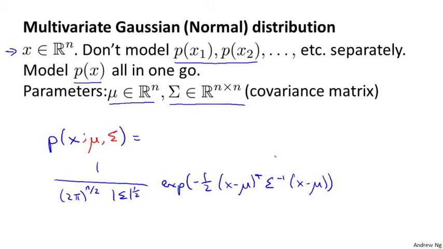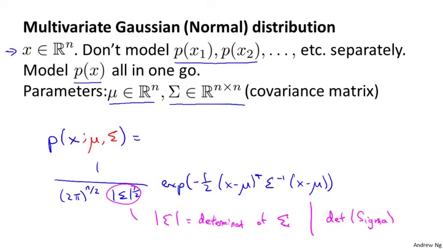And this thing here, the absolute value of sigma, when I write this symbol, is called the determinant of sigma. This is a mathematical function of a matrix, and you really don't need to know what the determinant of a matrix is. All you need to know is that you can compute it in Octave by using the Octave command det of sigma.